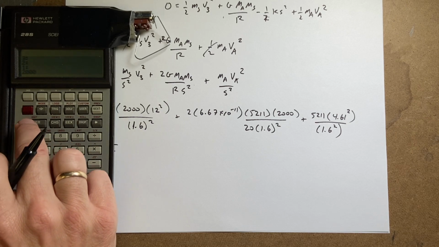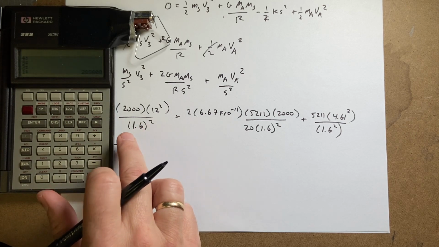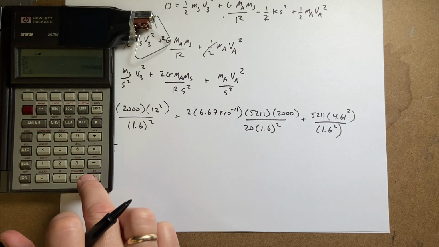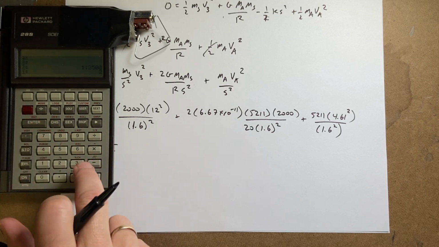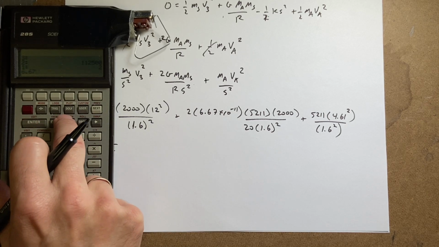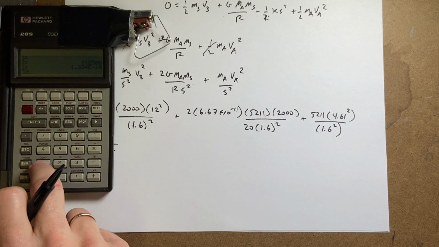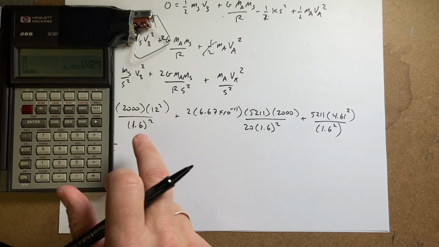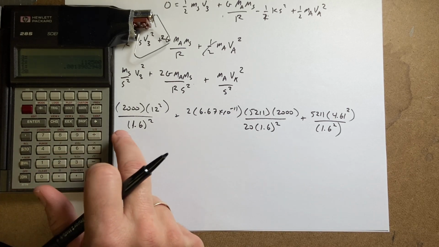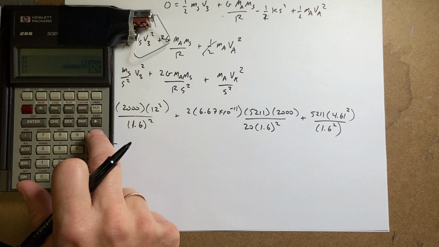Okay, 2,000, enter. 12 squared times 1.6 squared divided by. That's that term. Now this term: 2, enter, 6.67 times 10 to the negative 11th times 5211 times 2,000 times 20 divided by 1.6 squared divided by.